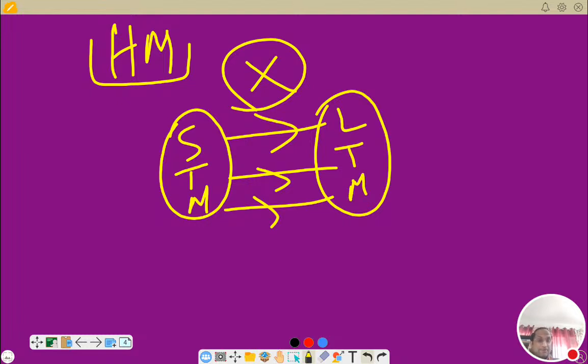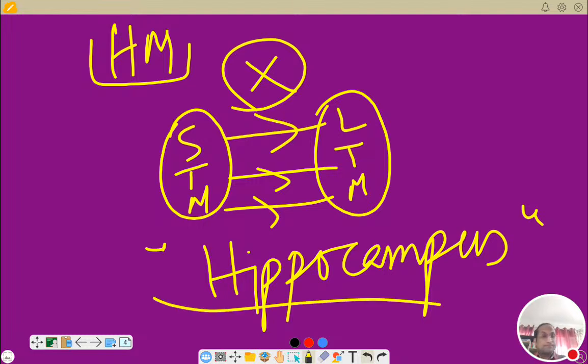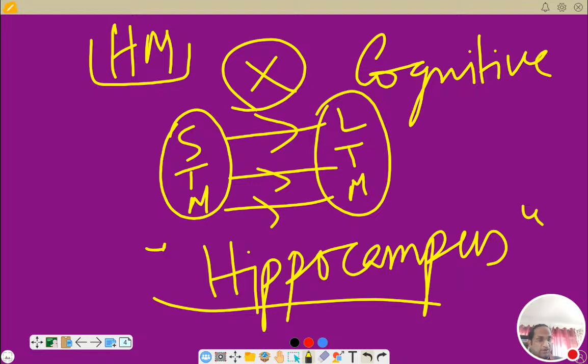Because of the damage to the hippocampus. We understand it from a cognitive point of view when we talk about STM and LTM, and from the biological point of view when we refer to the hippocampus.